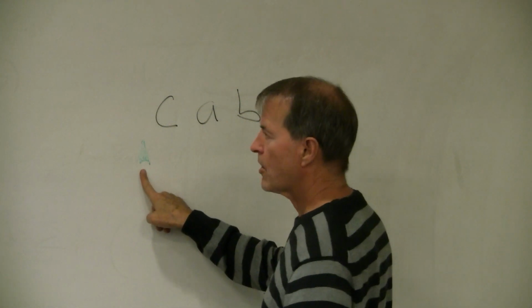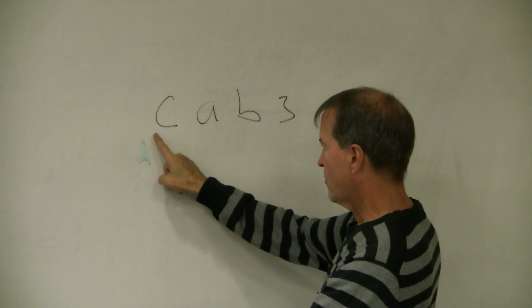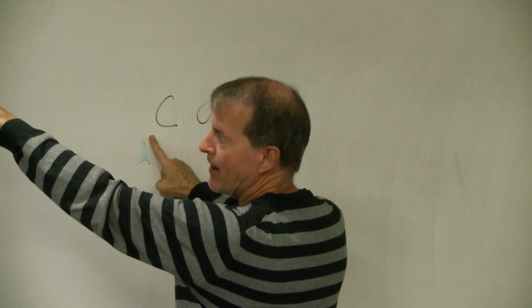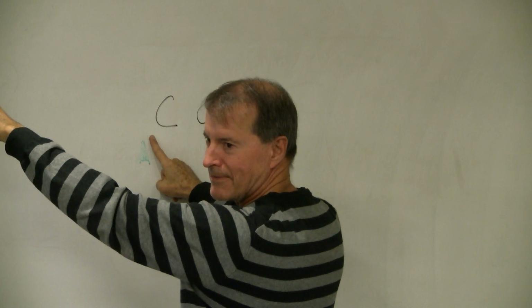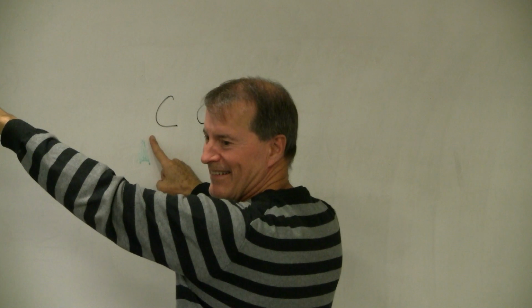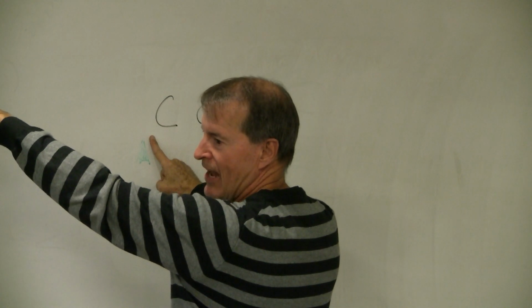I'm putting my finger on this little cursor right in front of the C. And then you imagine that there's a little train or a ladybug, okay, starting at the start state, which is A.